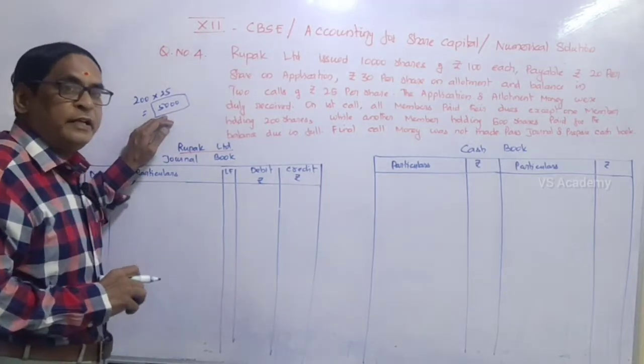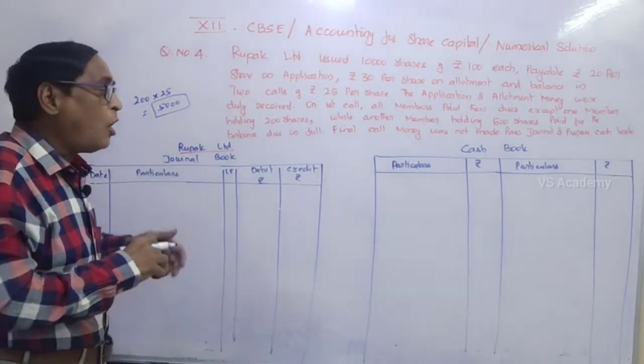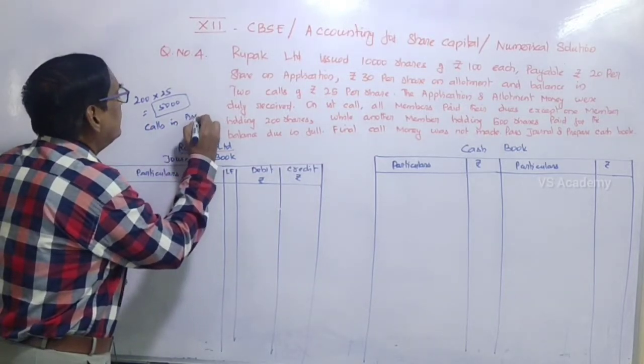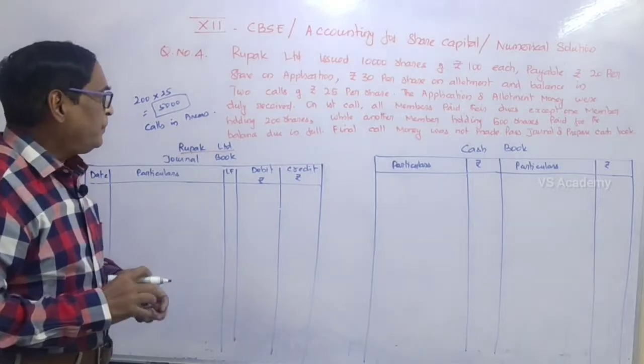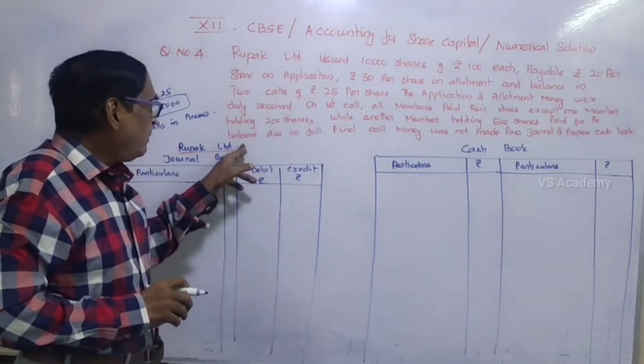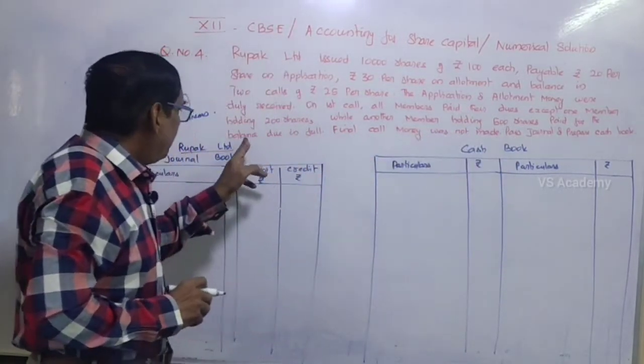That means it is an asset, to be received in future, so it will be treated as calls in arrears. Another member holding 500 shares paid the balance due in full.